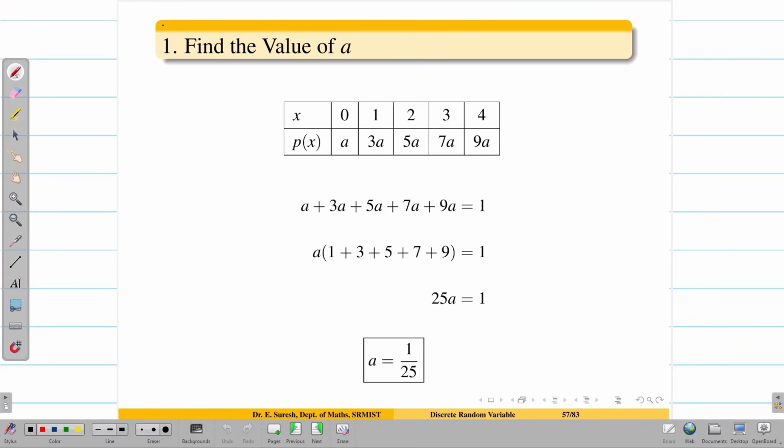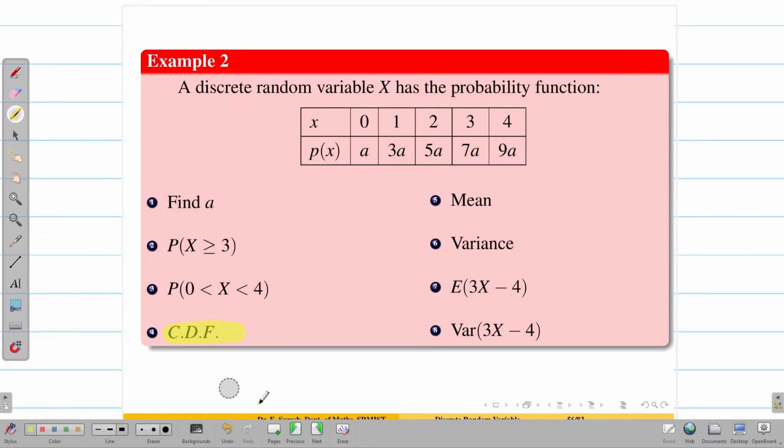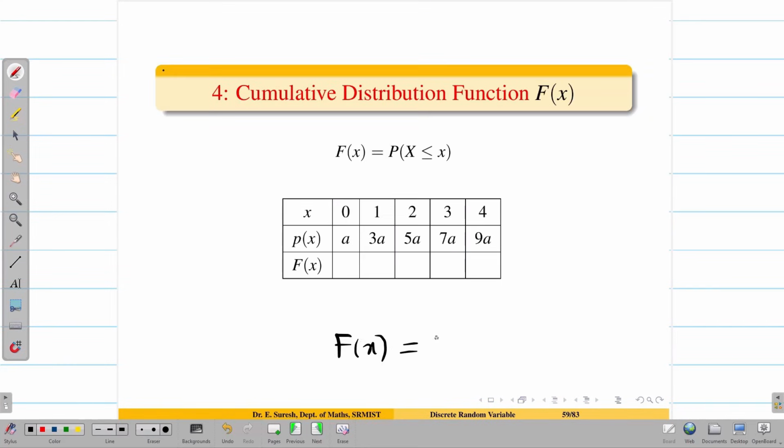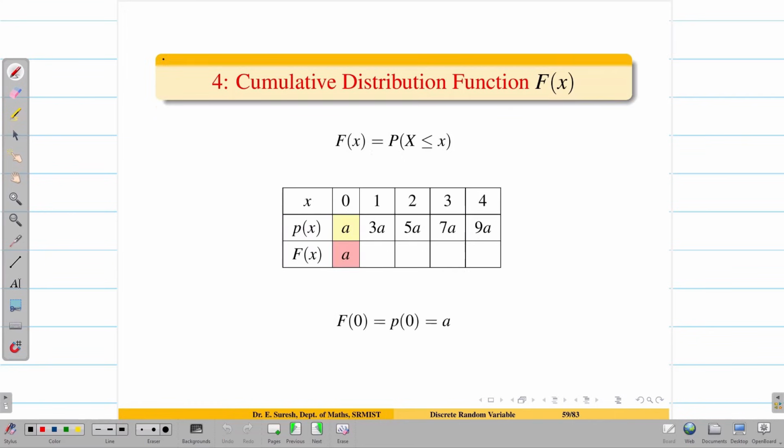Next, as I said in the earlier problem, whenever there is a CDF in the question, let us first find the cumulative distribution function and then proceed to the further step. So now we are going to find CDF. Capital F of X is equal to probability of X less than or equal to x. For the first value, we get the same one, A, and then F of 1 is A plus 3A.